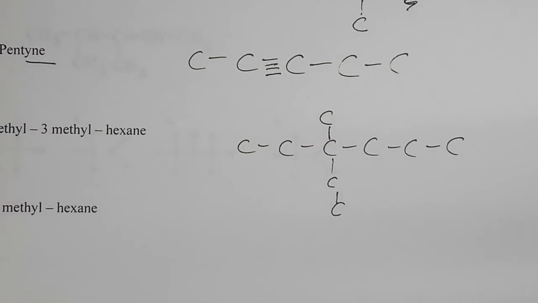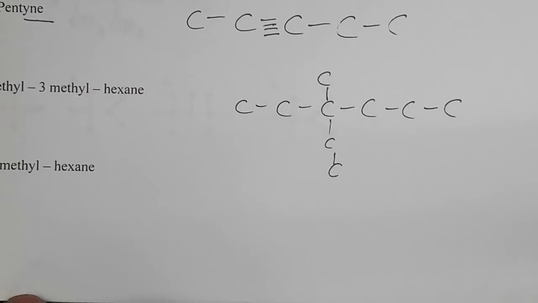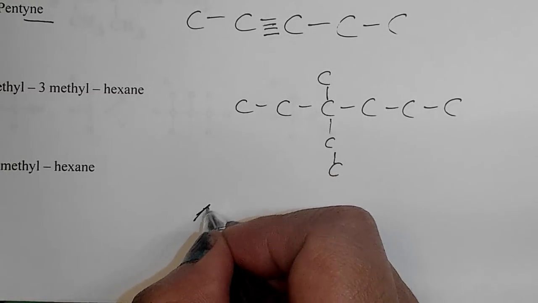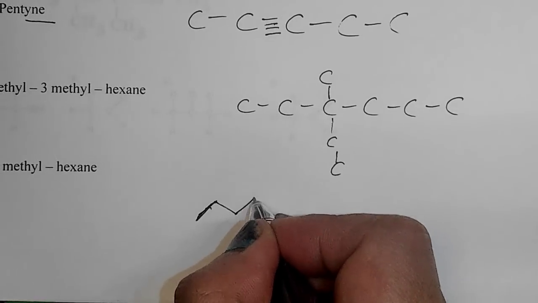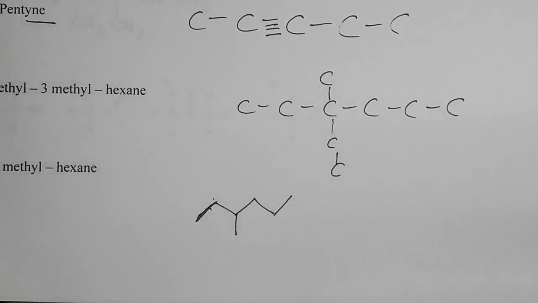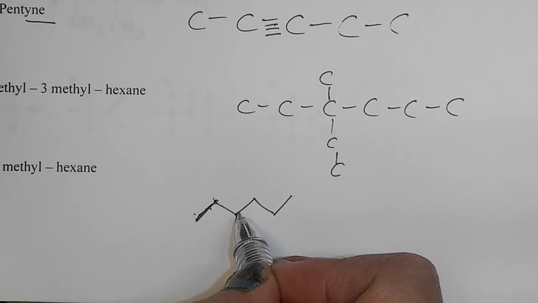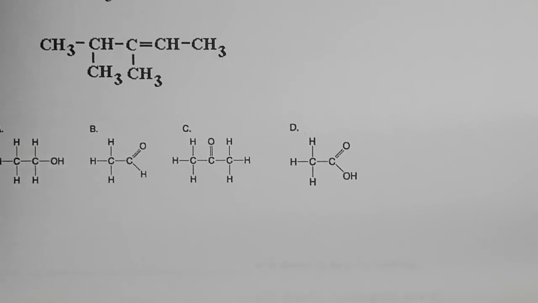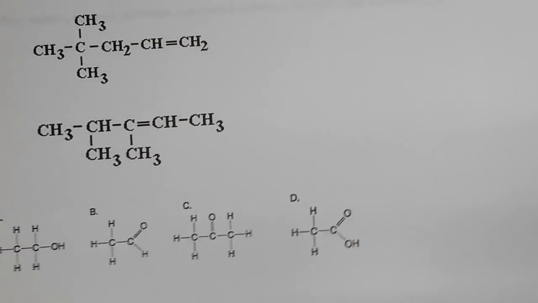Right there. Okay. 3-methyl hexane. I'm just gonna draw zigzags now. 1, 2, 3, 4, 5, 6. 3-methyl. 1, 2, 3. Right there. Okay. 1, 2, 3, 4, 5, 6. That's a hexane. All right. Name them. Okay, you should be very good with this.